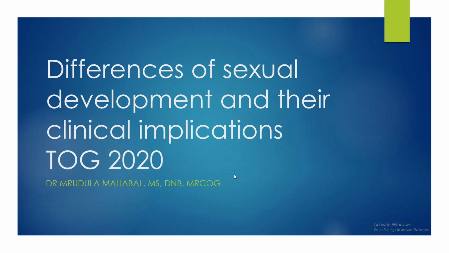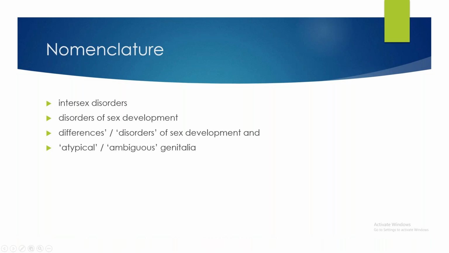We used to gather information from so many sources like TOG, old talks and so on, and again we used to get confused about which investigations to do. So now I think they have given comprehensive information on all these disorders in this talk. This is a very good talk, I should say. So we will start this today.